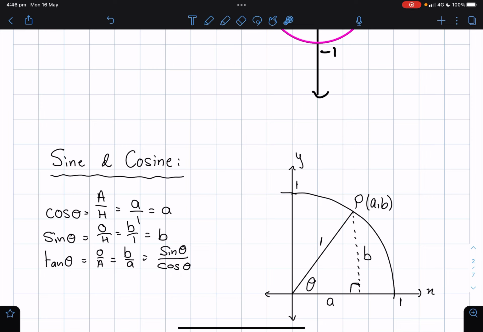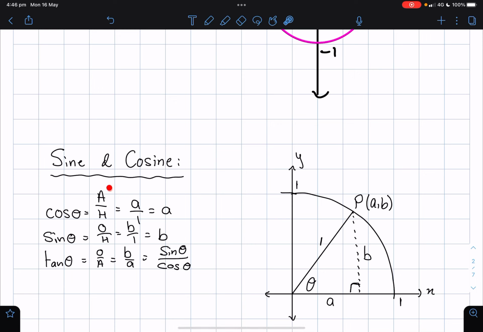Now, if you're thinking back to our trigonometric ratios that we looked at the start of this playlist, we'll remember SOHCAHTOA: sine equals opposite over hypotenuse, cos equals adjacent over hypotenuse, and tan equals opposite over adjacent. Now, we've defined opposite, adjacent, and hypotenuse with B, A, and 1 respectively, okay?